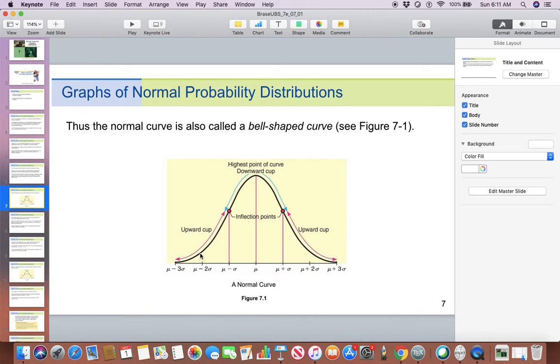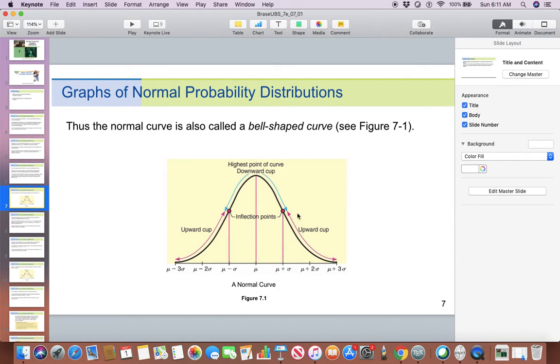So it is upward, downward, upward. What is this upward? This is the concavity. Okay, it is increasing and concave up. Here it is decreasing and concave down, increasing and concave down. Here it's decreasing and concave down. Here it is increasing and concave up.